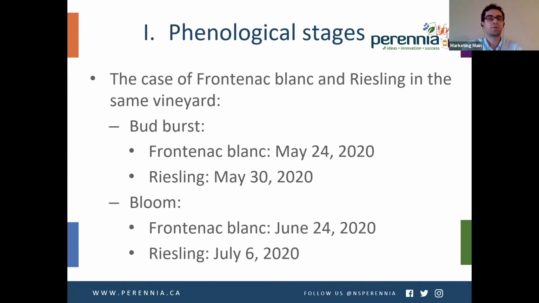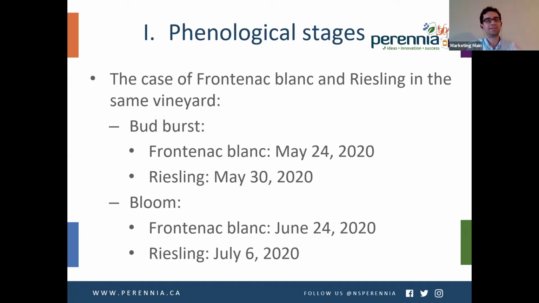Bud burst for Frontenac Blanc started on May 24, 2020. That was the date when we had 50% of bud burst. Meanwhile, in Riesling it happened on May 30. So you can see the difference. On the other hand, Frontenac Blanc reached 50% bloom on June 24, while Riesling reached the same stage on July 6.